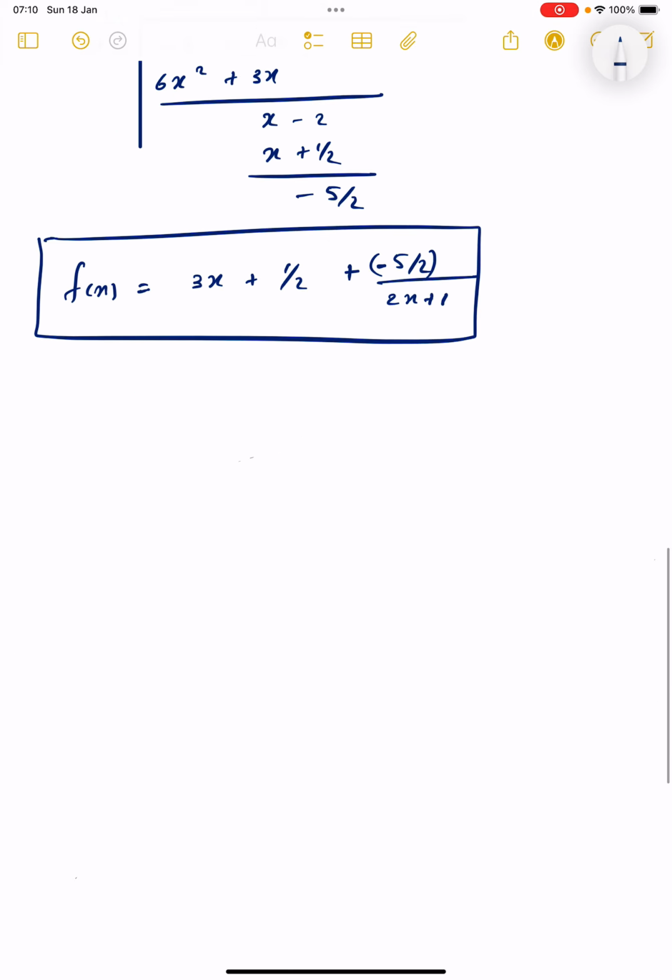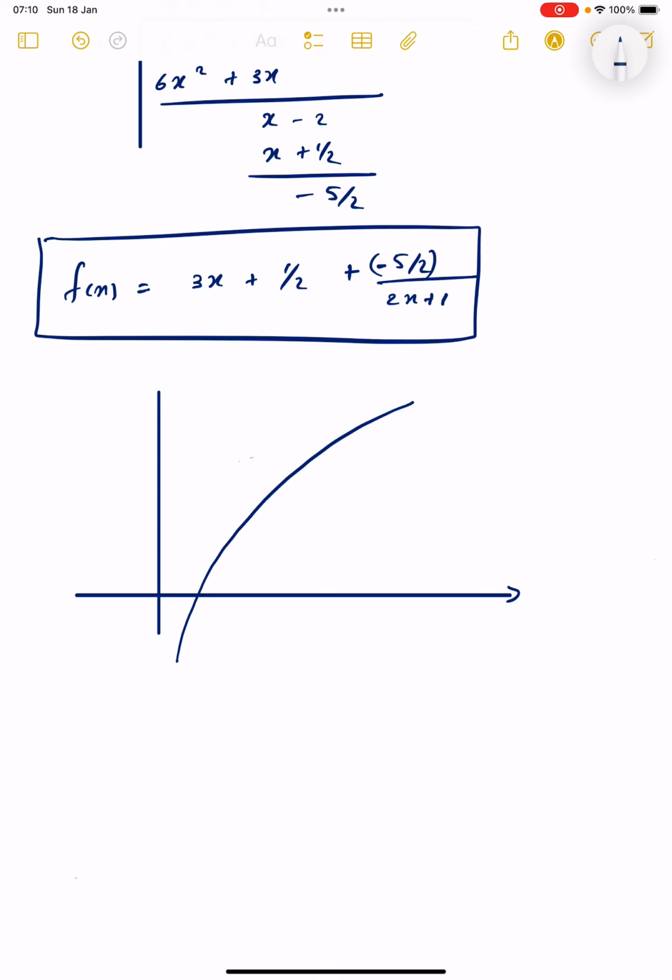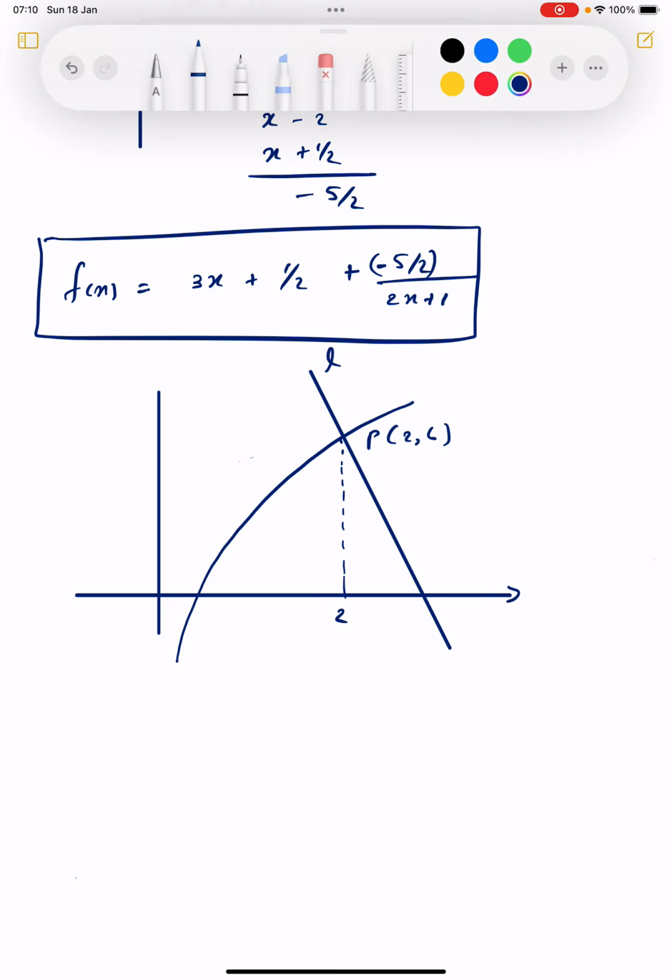And the next part, you have the curve meeting the normal like this. So that's line L, that's the curve, that's point P(2, 6), which means this coordinate is 2 and this vertical height is 6. Let me consider this as two different regions.